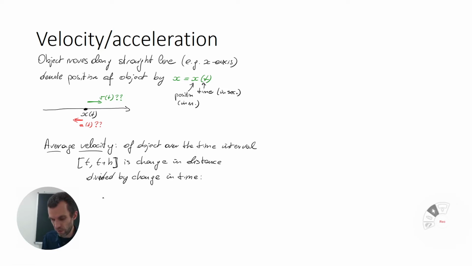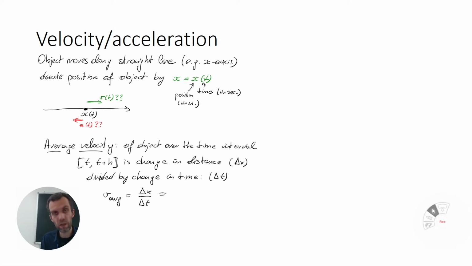So you can write this down in mathematical notation. V average, AVG, is delta x, that's the change in distance, divided by delta t, that's the change in time.